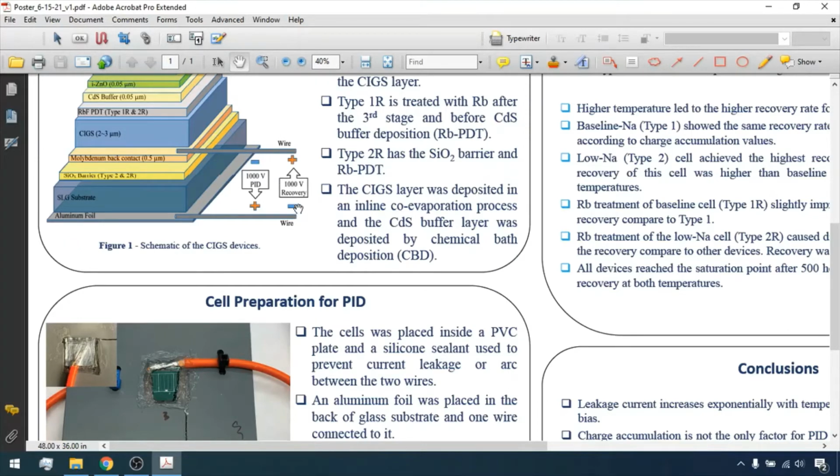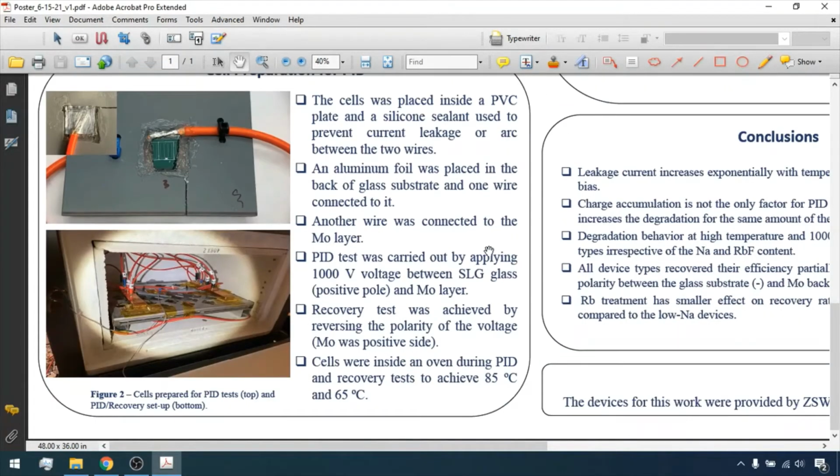And during the recovery, we reversed the polarity and applied the positive pole to the molybdenum back contact and the negative pole of the voltage to the back of the soda-lime glass. We performed the PID and recovery at 25, 85, and 65 degrees centigrade.